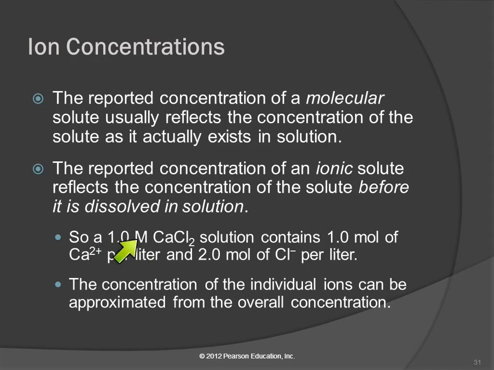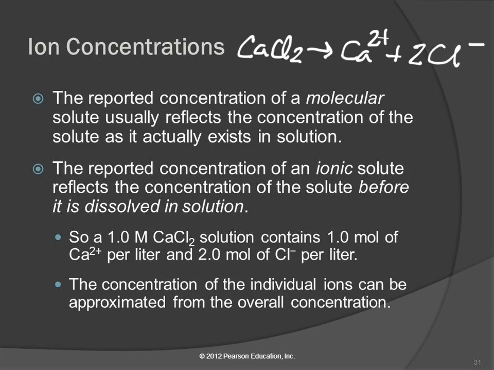So a 1 mole per liter calcium chloride solution, let's write that up here, when the calcium chloride, CaCl2, dissolves, it forms 1 calcium ion and how many chloride ions? 2 chloride ions.